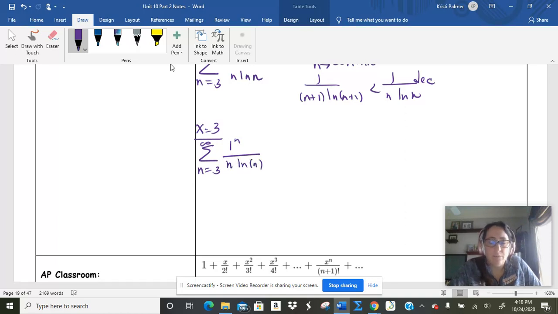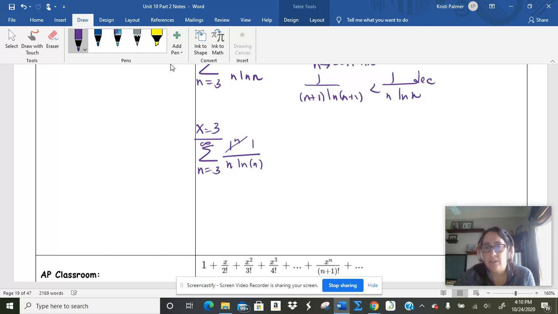Okay, so on this one, I got 1 to the n, it's just 1. So there's no alternating part left. So you can pick a series now that you think would work for this one. I actually see the integral test pretty quickly, but I know we don't like that as much. But this one, when I see a u sub with it.